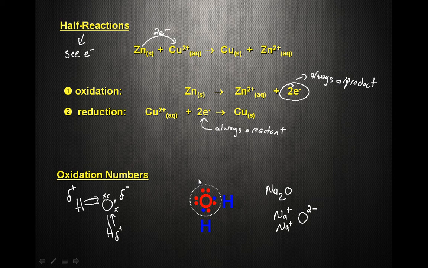So what that would mean is each hydrogen, because it lost an electron, is +1. And the oxygen, because it gained 2 electrons, will become -2. And that's what basically oxidation reduction numbers are. Now we're just going to apply them.